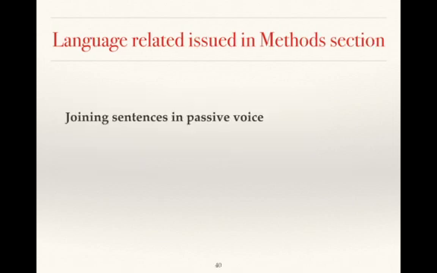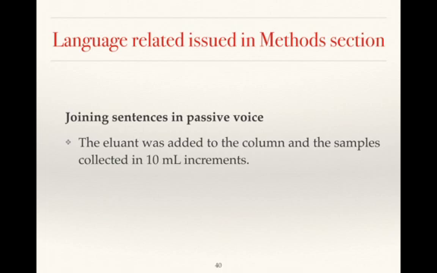Let's have a look at another issue which concerns joining sentences in passive voice. This is a tricky one, and even native speakers often fall into the trap of making this mistake. The eluent was added to the column and the samples collected in 10 ml increments.